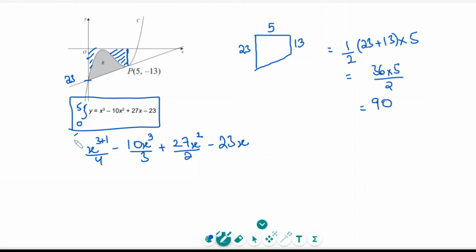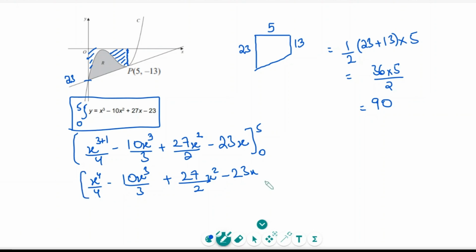And now you're going to apply the limits 0 to 5. So when you apply the limits on x⁴ divided by 4 minus 10x³ divided by 3 plus 27 over 2 x² minus 23x, I'm only going to apply the upper limit here. I'm going to ignore the 0 because when you plug in 0 here, all of the values will become 0.